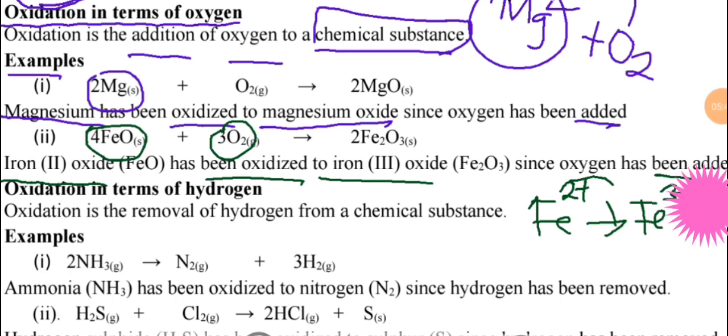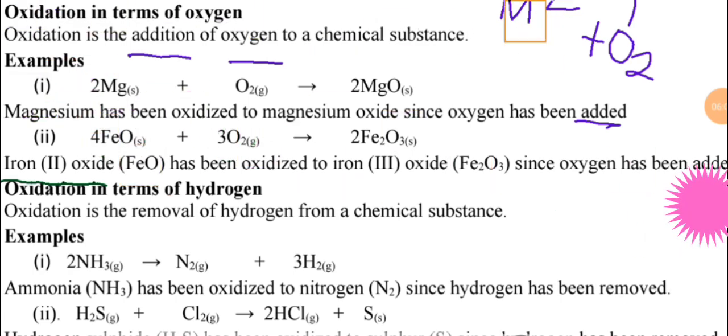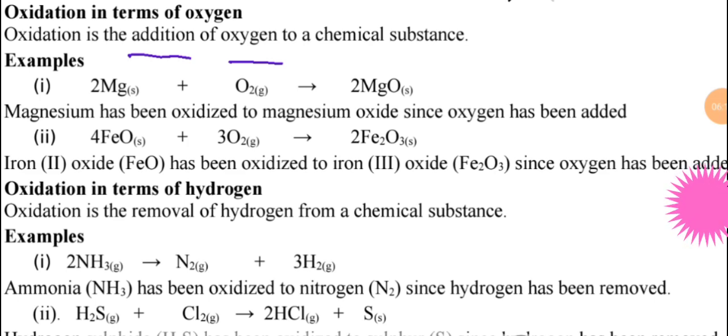Therefore, when you add a lot of oxygen to the existing oxide of iron, the oxidation number of iron increases from iron(II) to iron(III). That is very, very important. So we are done with oxidation in terms of oxygen. You can pick any metal, add oxygen there, and that will be oxidation because you are adding oxygen to the substance.